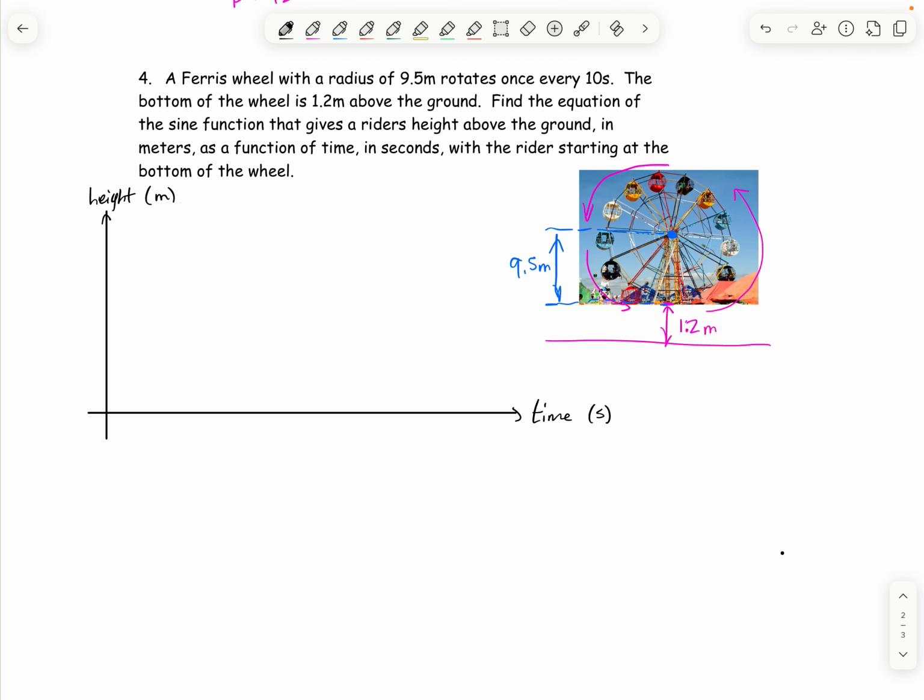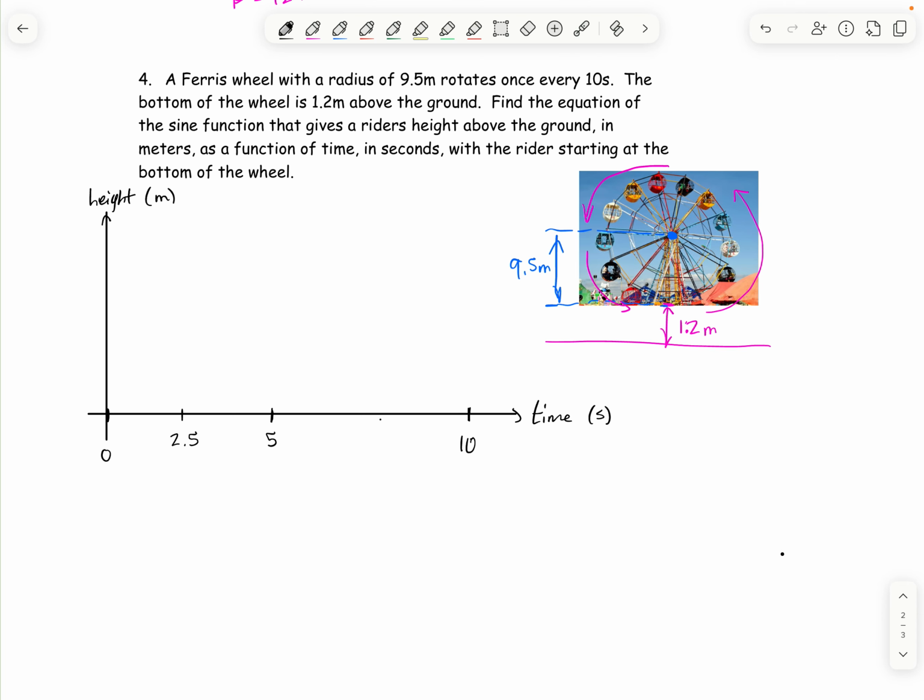It rotates once every 10 seconds, so if this is t equals 0, then one full period later is 10 seconds. I can split this into quarters: half of 10 is 5, half of 5 is 2.5, and the middle of 5 and 10 is 7.5. This is a good skill because I can identify these key features of my graph really easily.